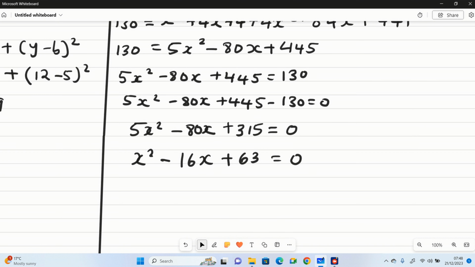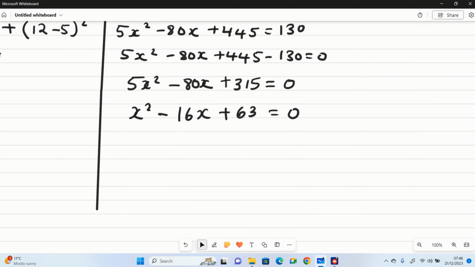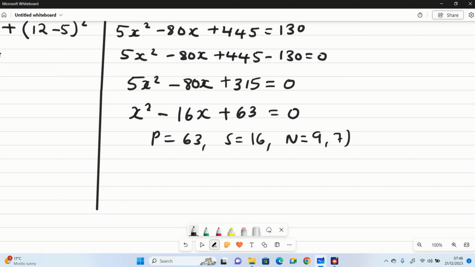So we can get two numbers so that when you multiply them, you get 63, and when you sum them, you get 16. So product should be 63, then sum should be 16. Those numbers are 9 and 7. If you're having those numbers as 9 and 7, so what can we do? Since the sum is negative 16, we take them as negative 9 and negative 7.